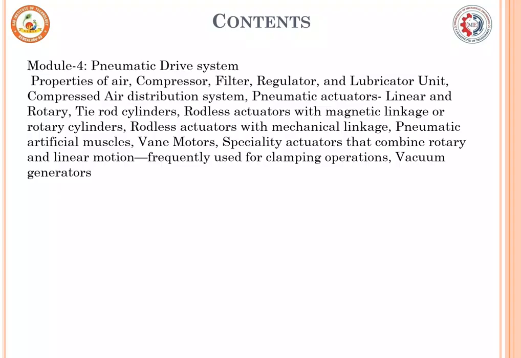There will be a vane motor which is driven by the pneumatic system. Specialty actuators that combine rotary and linear motion, frequently used for clamping operations, and the vacuum generator.